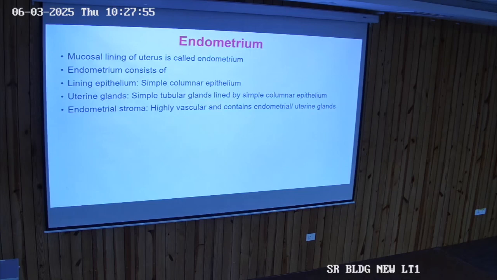Now this simple columnar epithelium is also present in the GIT. Again it was forming the glands there. Here also it is forming the glands. So uterine glands are formed of a simple columnar epithelium, which starts from the simple tubular glands and ends in the coiled tubular glands.